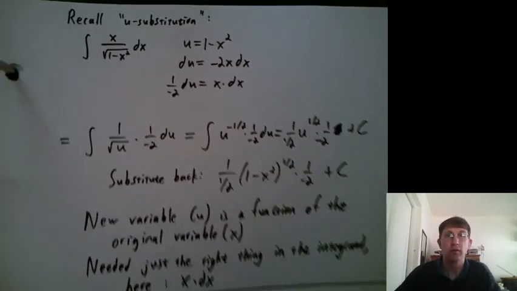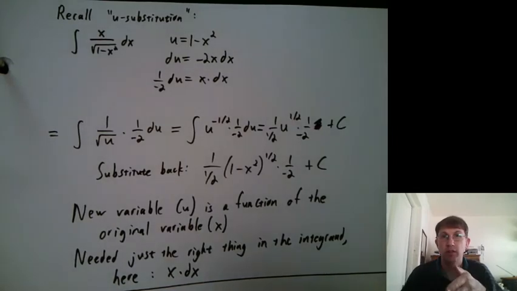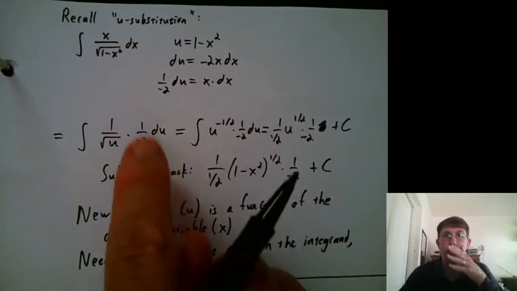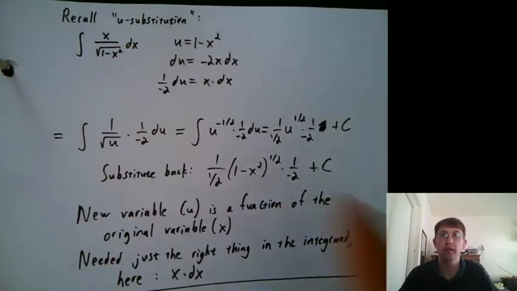So in reverse substitution, we're going to be able to just substitute. It won't be exactly dx for du, but it'll be at least easier. We won't depend on having exactly the right thing.